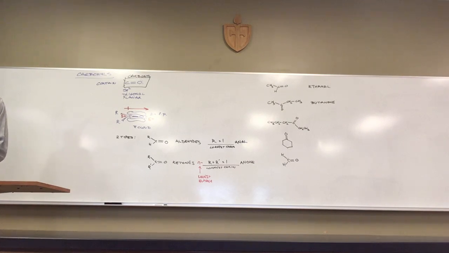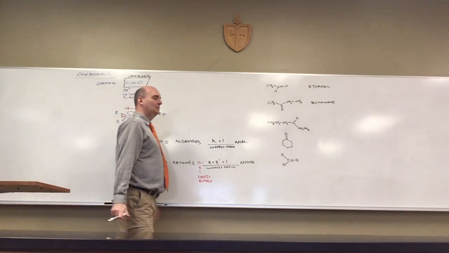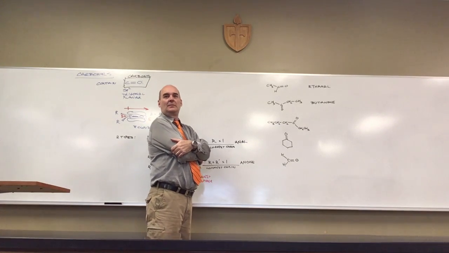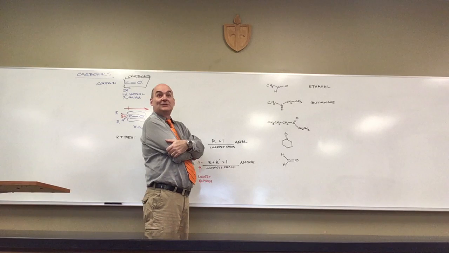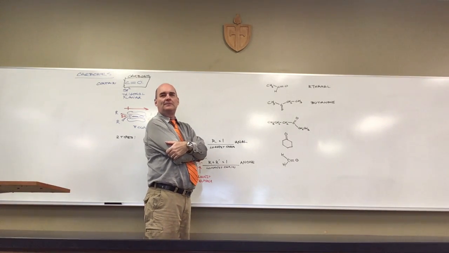But I just told you I needed a numbering system for this. What number is this butanone? Doesn't have a number, doesn't need one. It is 2 butanone, but is there such a thing as 3 butanone?